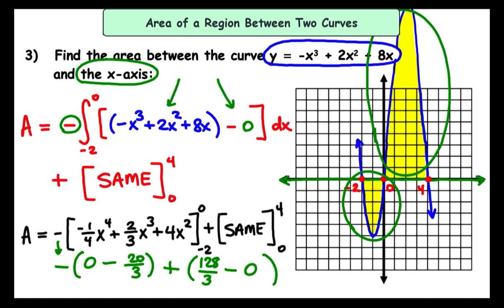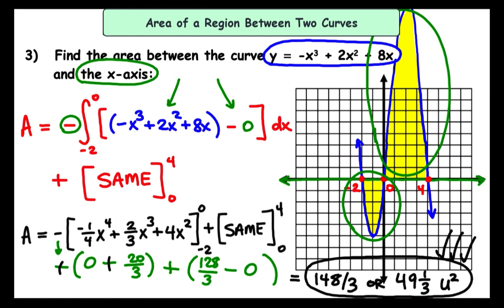All right, so we have positive 20/3 plus positive 128/3. That's going to be 148/3, or 49 1/3 square units. And that's the correct answer for the area between that curve and the x-axis, combined area.